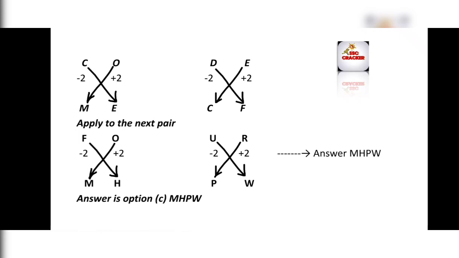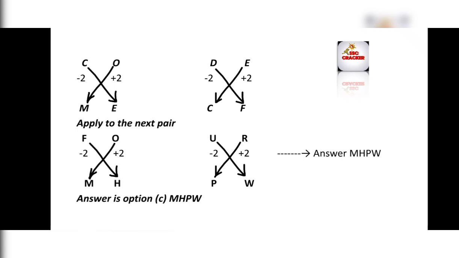O minus 2 equals M. This is our answer's first letter, M. And let's find the other two. U plus 2 equals W. And R minus 2 equals P. So our first letter is M. Second letter is H. Third letter is P. And the fourth letter is W. So our final answer is MHPW. That is, option C is the correct one.